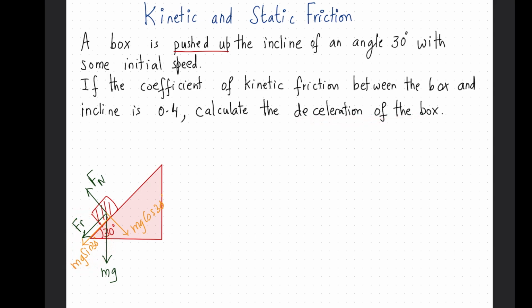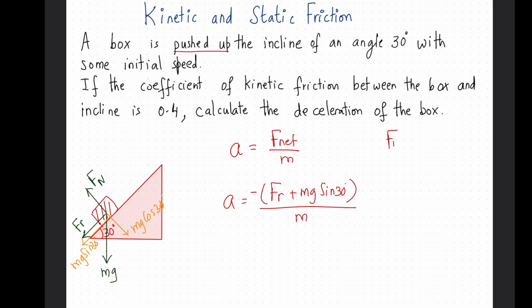So let's start with Newton's second law, which says that acceleration will be F net over the mass. In this case, F net is Fr plus mg sine 30. Because they both are downwards, I can write that as negative. Both of them are acting down, that is opposite to the motion of the object, over m.